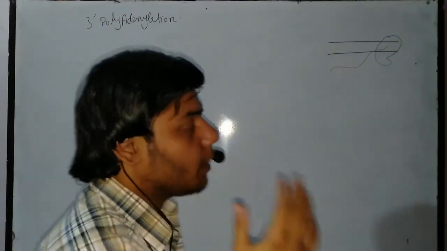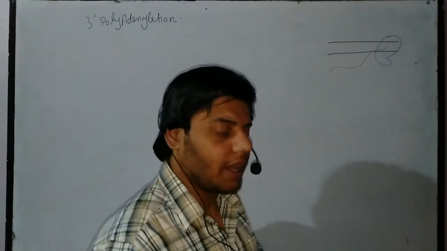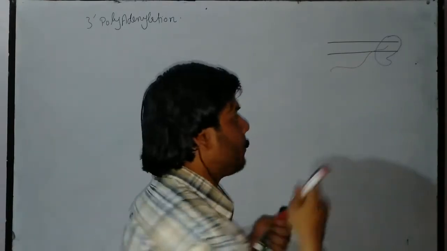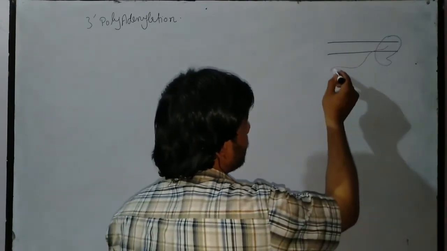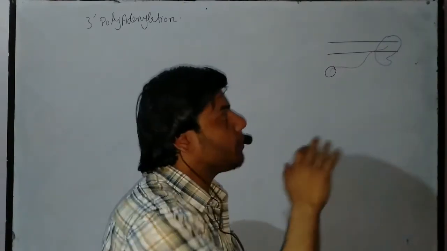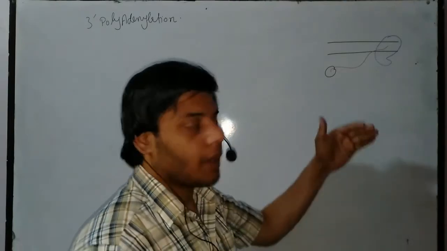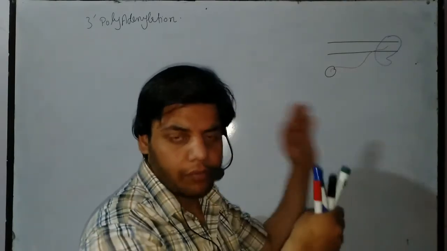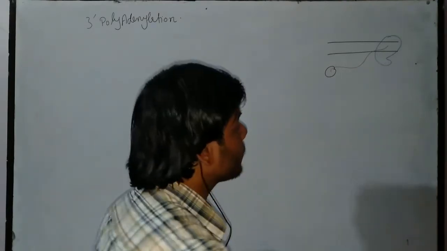Remember, in the previous video lecture we talked about how the 5' area is already capped. The capping should occur at the 5' area before 3' polyadenylation, and we call it 5' capping. If you missed that video lecture, it is present on my channel, so go back and watch it.